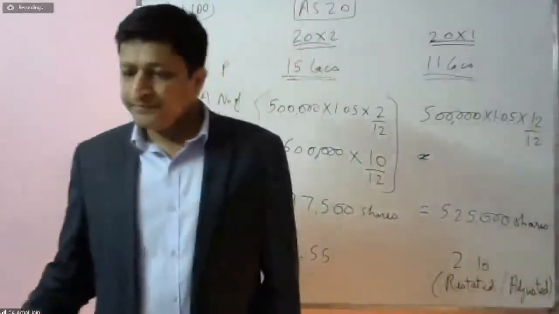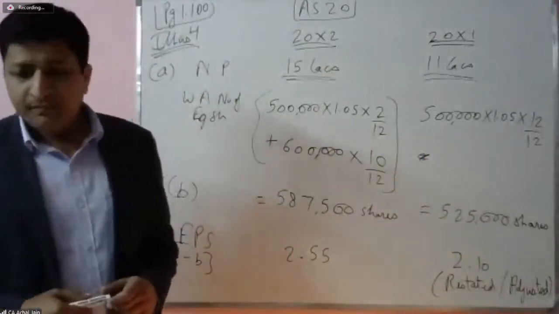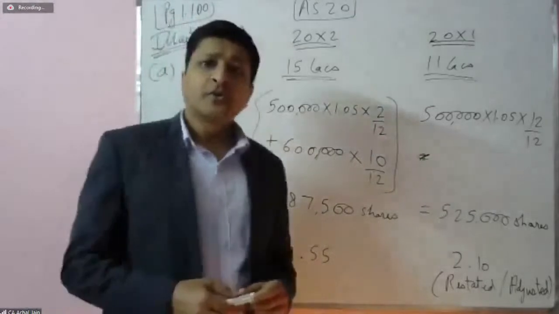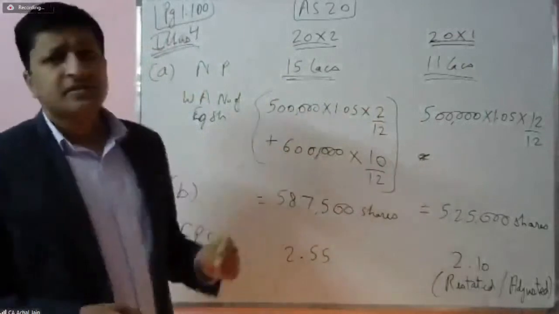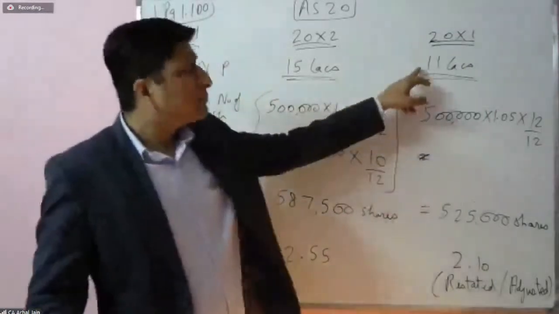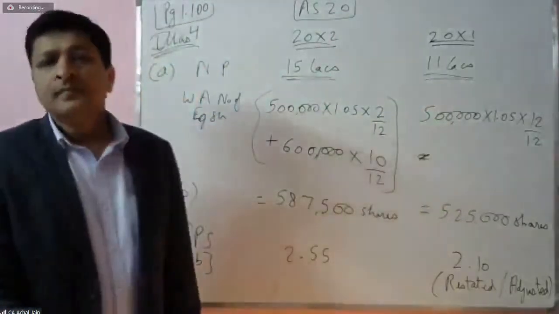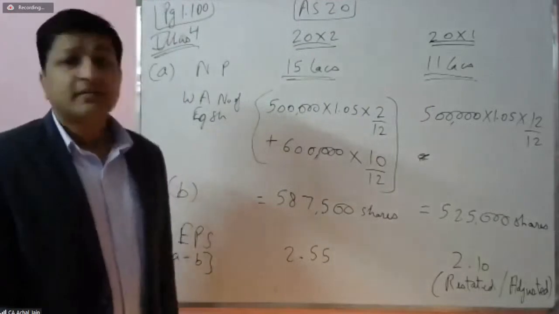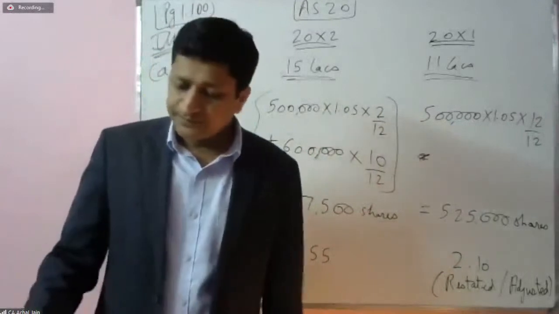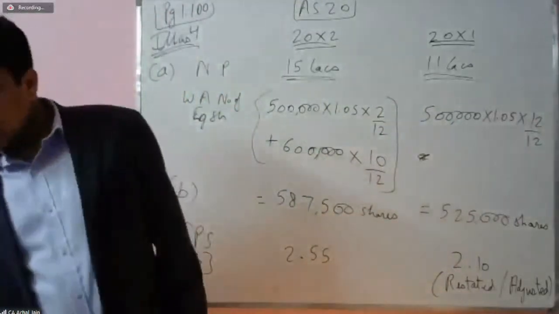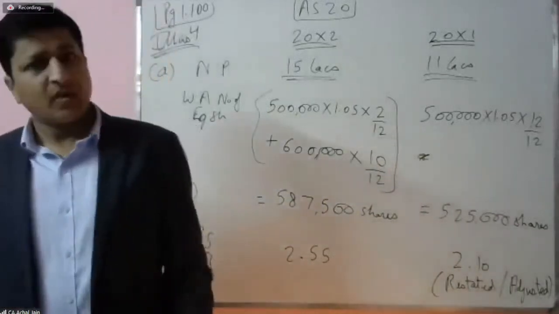And please remember, you will have to also show the previous EPS, meaning the original EPS for the last year. And how do we compute that? Very simple, 11 lakh divided by 5 lakh. That will be the original EPS. This is the restated EPS. You should also show the original EPS in your solution. Clear on this?